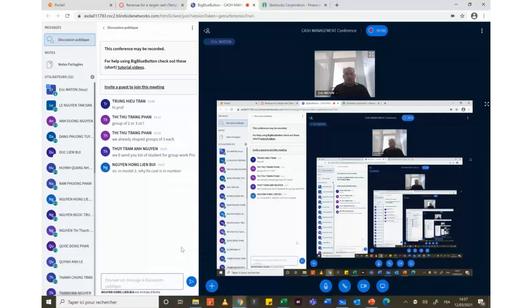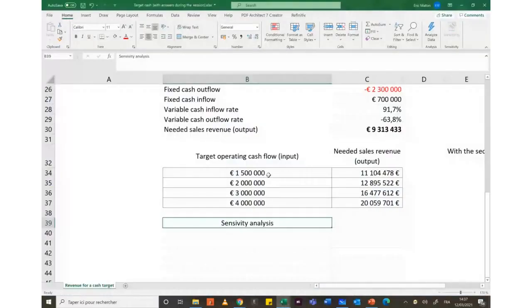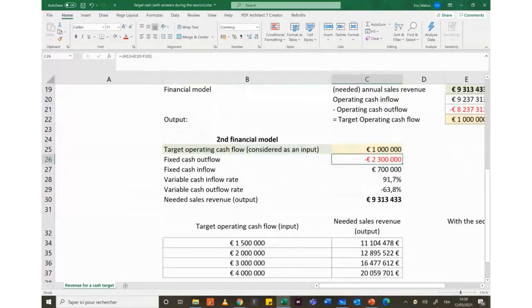In model 2, why is fixed cost a number? In model 2, fixed cost is a number. Fixed cost, fixed cash outflow here. This one, you are talking about the 2.3 million.